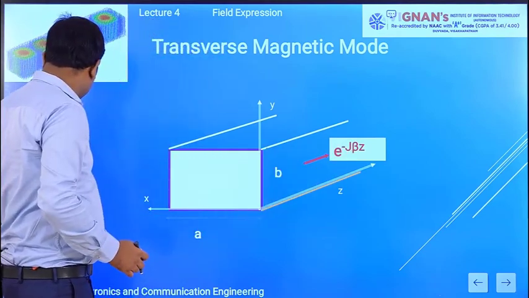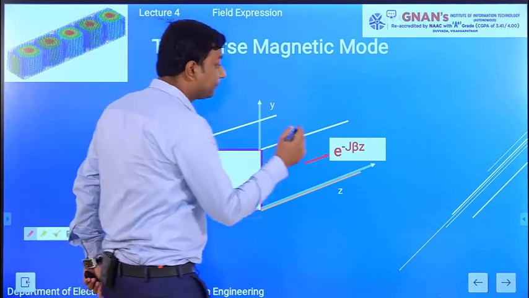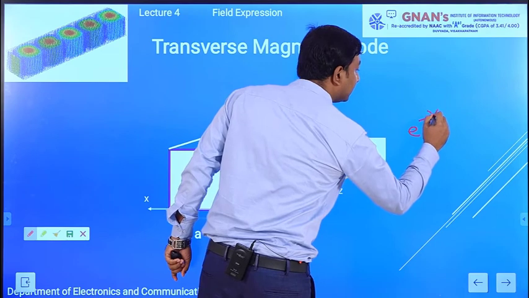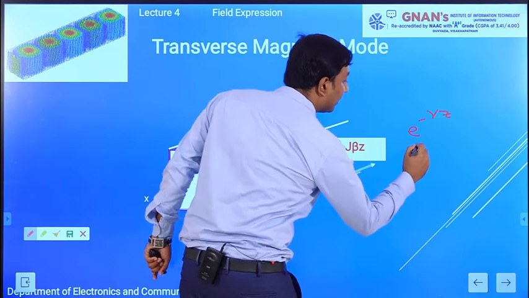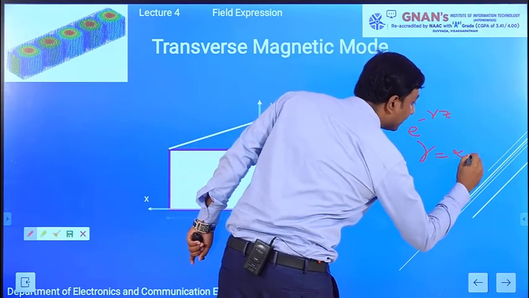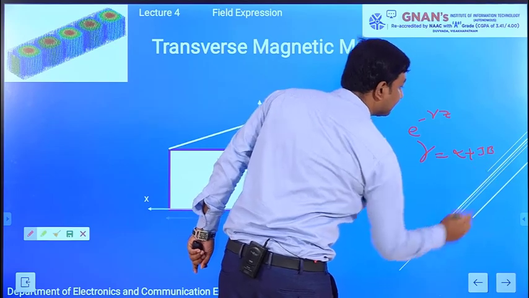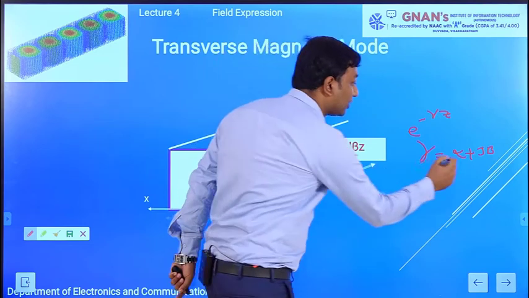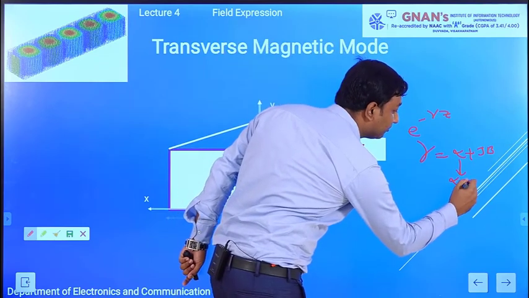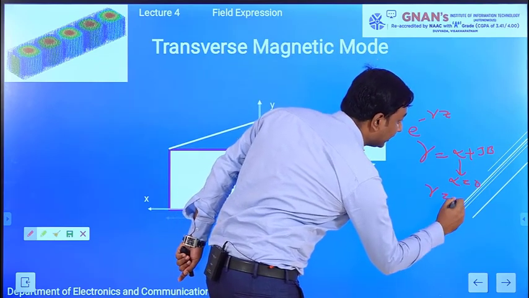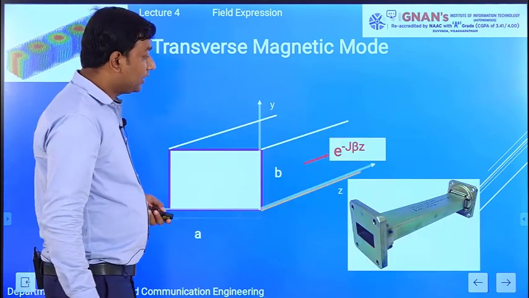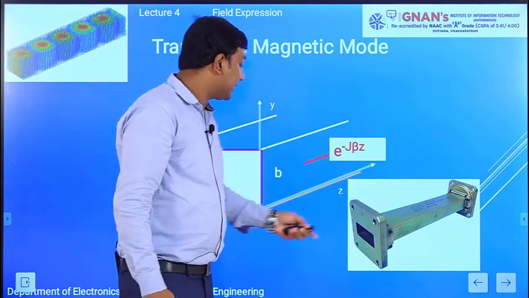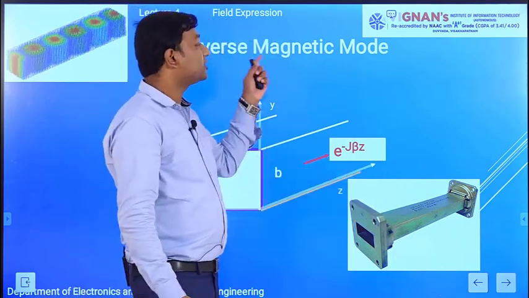But in some books they consider e to the power minus gamma z, where gamma equals alpha plus j beta, and alpha accounts for the loss. If it is lossless, then alpha becomes 0, so gamma will be j beta. That is the same thing. So we are considering the rectangular waveguide for transverse magnetic mode.